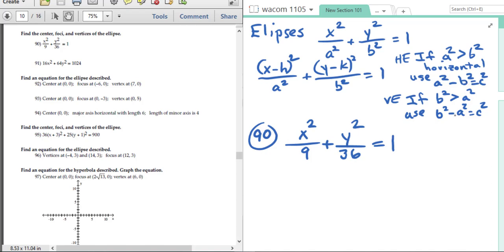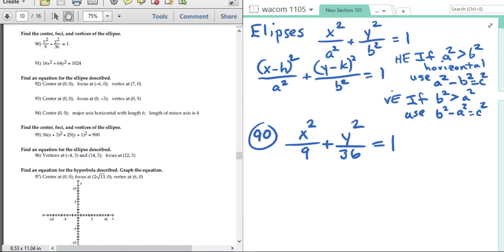It will be called an endpoint if it's a vertical ellipse. The b is the vertical distance from the center to the endpoint or to the vertex. c is the distance from the center to the focus. So it's different here. You have to make sure that you know that.